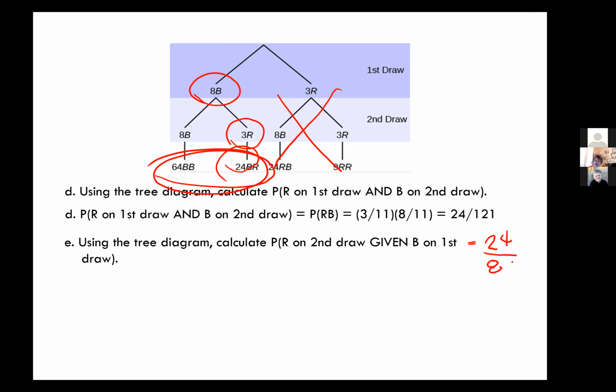And it's 88 because getting a red, given that you've already gotten a blue, the total number of outcomes where the first ball is a blue is 64 blue-blue and 24 blue-red. So the total number of outcomes where the first draw is a blue is 88. So 24 over 88.